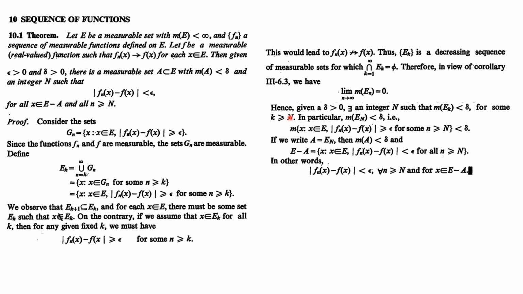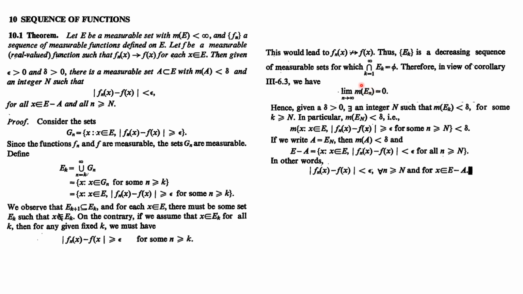What is the definition of convergence? A sequence an is said to converge to L if the limit of an as n goes to infinity is L, or for some epsilon, mod of an minus L is less than epsilon for all n greater than or equal to N. So in this case our L is 0, and the sequence is the measure of En.